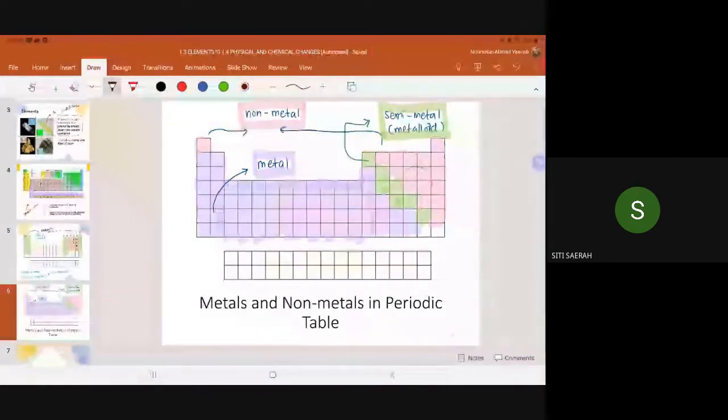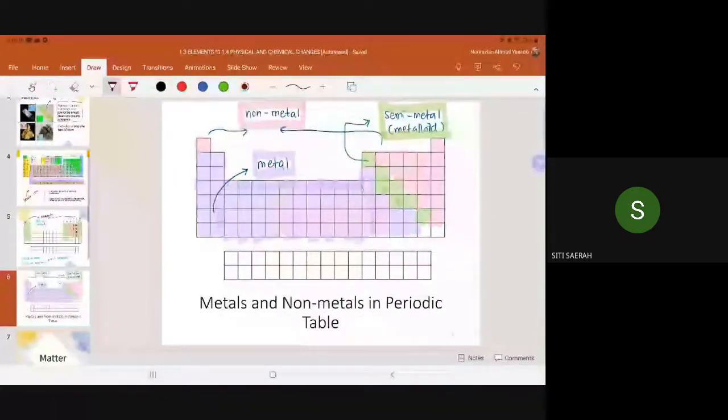For now, the metal and non-metal part is not important. We know that going across the periodic table from left to right, they go from metal to semi-metal to non-metal. For now you don't need to memorize this yet. We will look into this later in chapter 5.